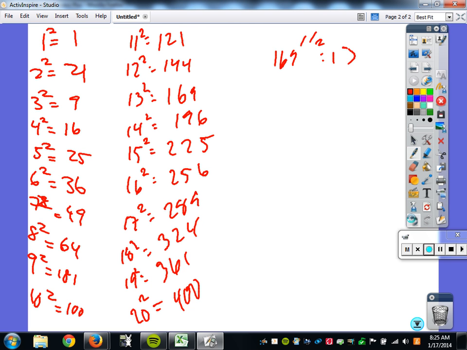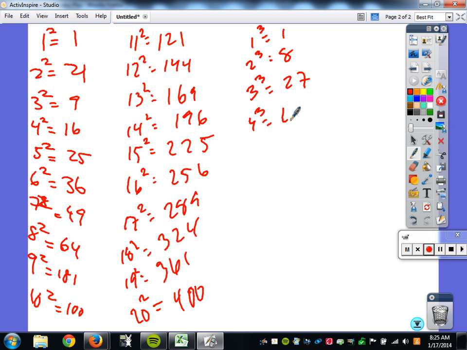Anyway, we're now asking you to do your 3s. Notice 1 cubed is 1, 2 cubed is 8, 3 cubed is 27, 4 cubed is 64, 5 cubed is 125. I had to think about that, and that's as far as I'm asking you to go there.